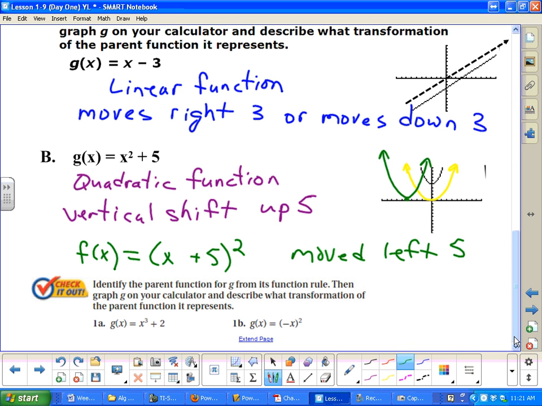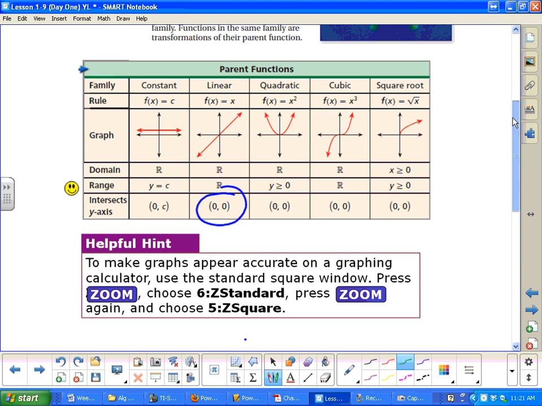Okay? So the one difference is that if it's a square root, if it's horizontal then, that would be a shift 5 units to the left. Okay? And that would be a shift up 5 units. Okay?